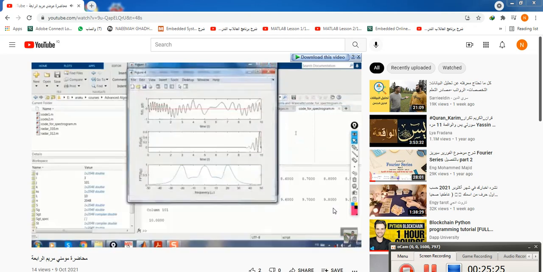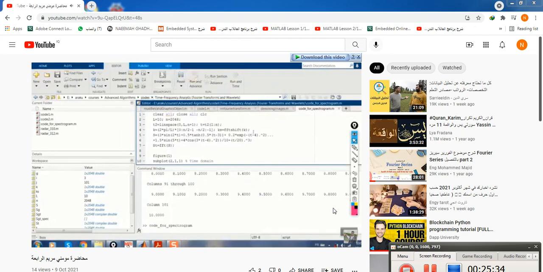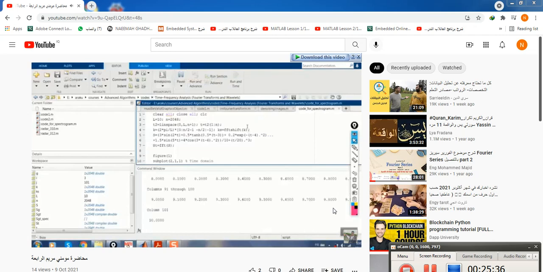This is expectable. The code is in the book. You only need to copy and paste it into MATLAB. Again, I run it.